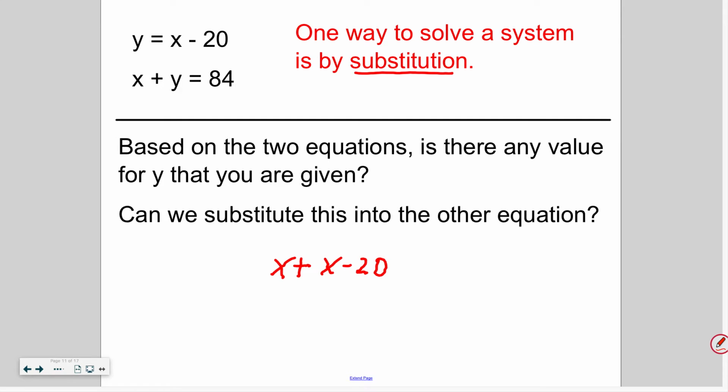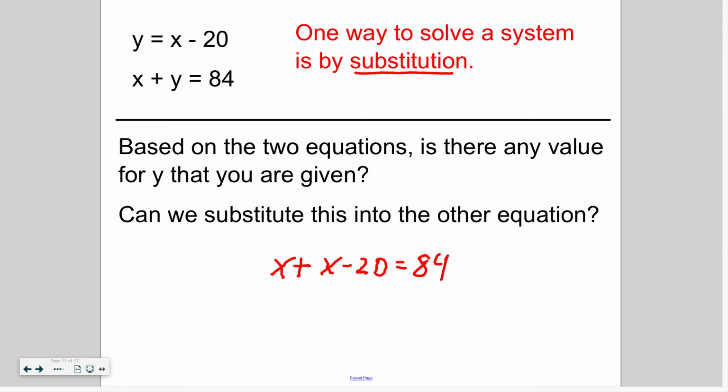Why did he do that? What did Gustavo do? You already know that y is x minus 20. So instead of having x plus y equals 84, replace y with x minus 20.